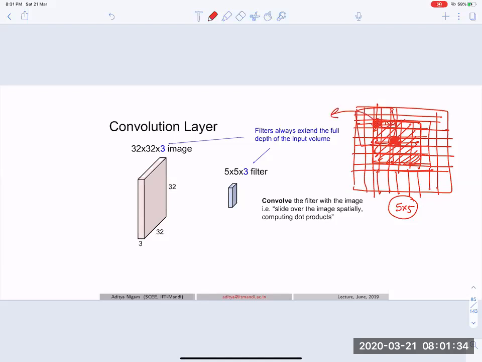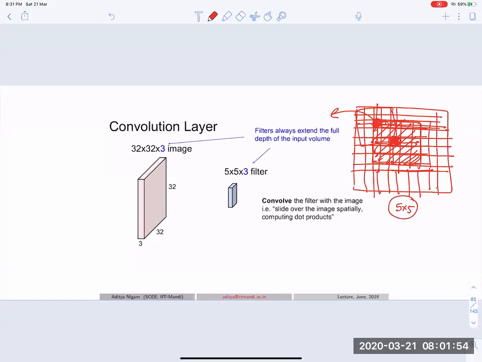So either we do 0 padding, or we ignore the boundary pixels, because that's only 2 pixels that you are not able to get: 2 bottom rows, 2 up rows, 2 left columns, and 2 right columns. You will not be able to get the information.